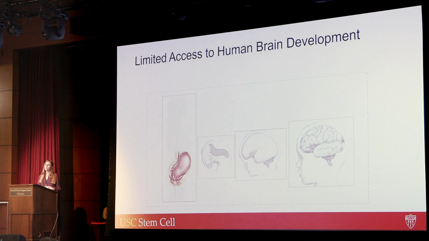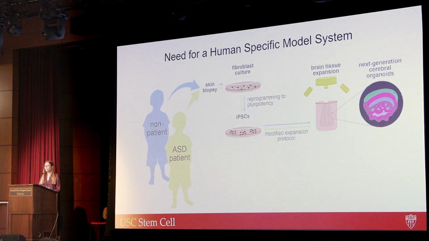However, when we want to work with human tissue, especially human fetal tissue, we have very limited access to these samples. And the samples that we can get are really just a snapshot of a specific stage, and they really don't allow us to see all the developmental biology that is occurring at these early stages of brain development. And so we heard a little bit about this regarding brain organoids, but really there is a need for a human-specific model system.